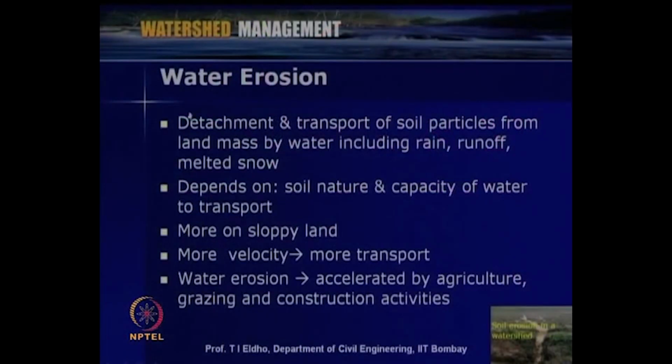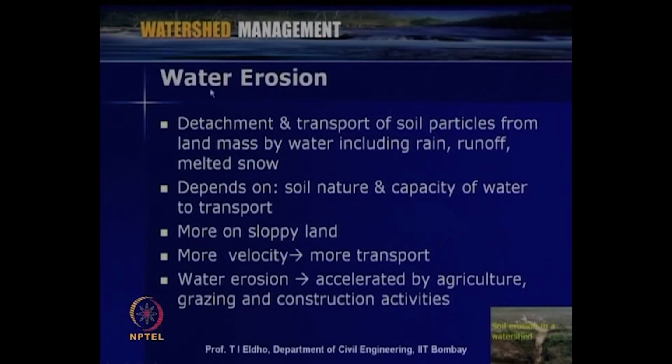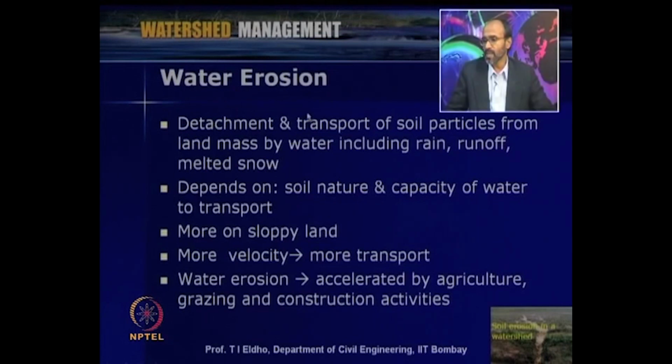As we already discussed, water erosion happens due to detachment and transport of soil particles from the land mass by water, including rain, runoff, and melted snow. So, the water erosion depends on the soil nature and the capacity of water to transport.